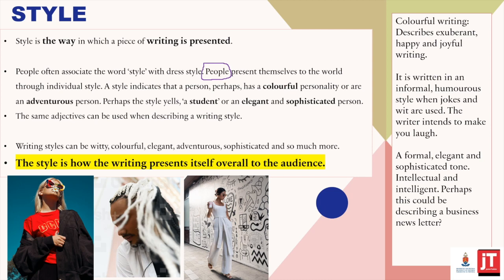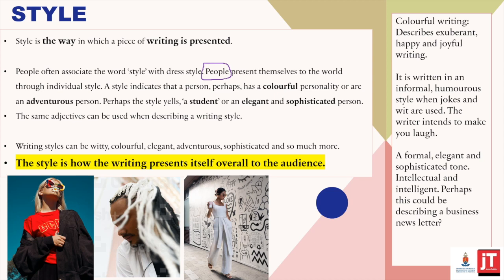Perhaps the style tells you that they are a student or an elegant and sophisticated person. The same adjectives can be used when describing a writing style. You could also say a formal person, quite sophisticated, or an informal person because they're in a tracksuit.